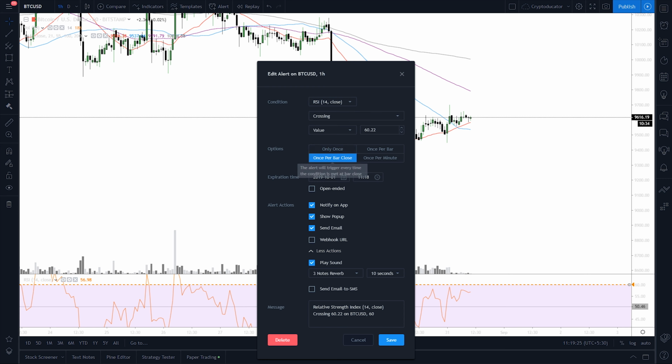This is something I was looking for. Once per bar close, we want to be looking at RSI closing above 60 in any bar, right? Your alert is going to repeat itself, and it's going to tell you again and again whenever the relative strength is crossing 60 on any particular asset. So stop staring at the screens and charts and the price action 24/7. Just set your alerts and let them do their work.